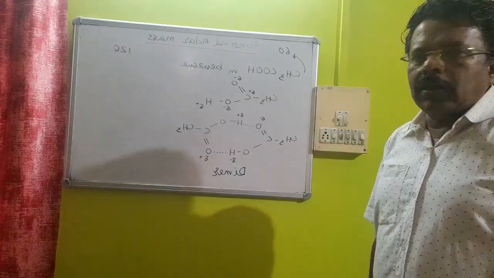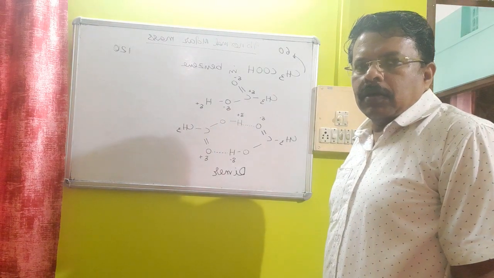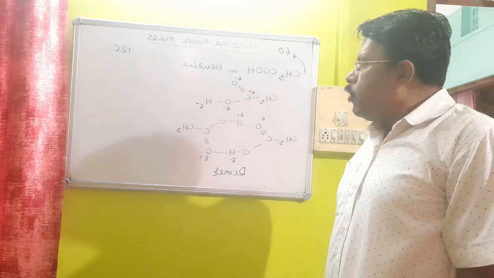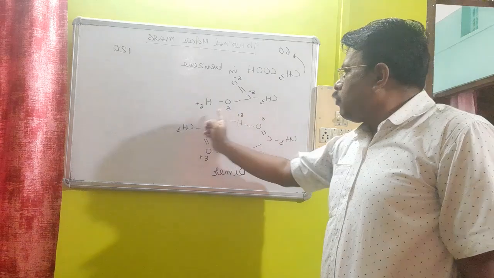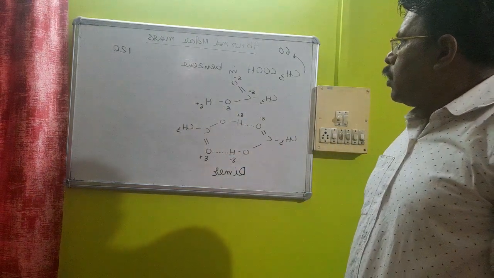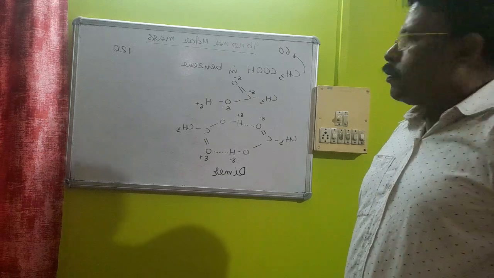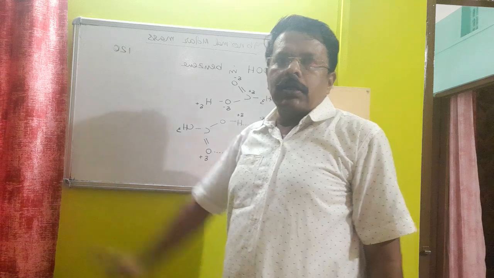Naturally, when we determine molecular mass through colligative property, we will get the molecular mass of this particle, and that is why we get the molecular mass of acetic acid to be 120.